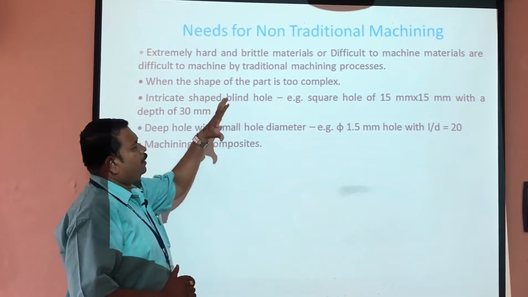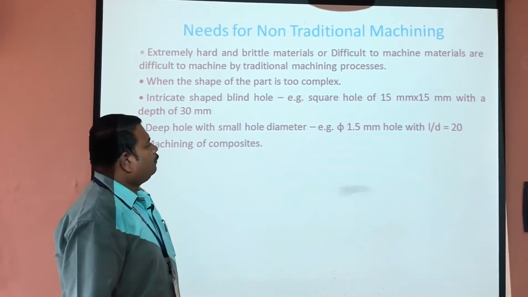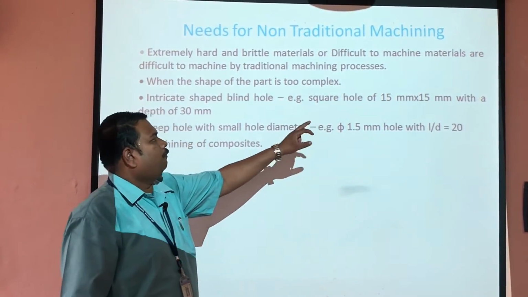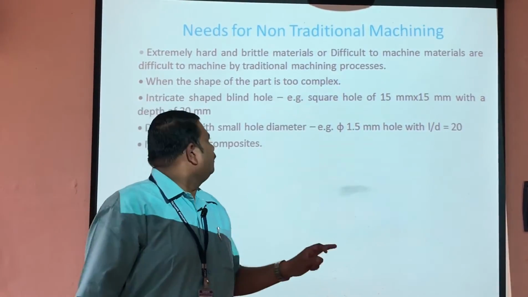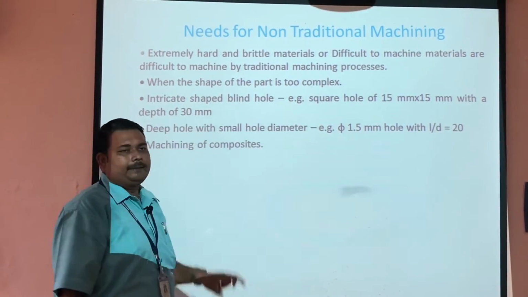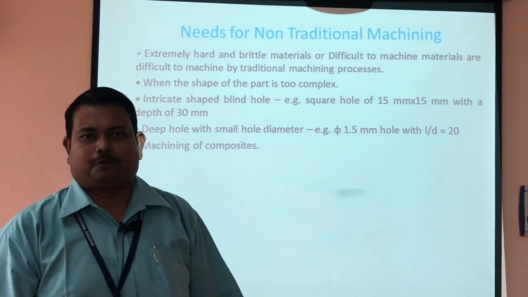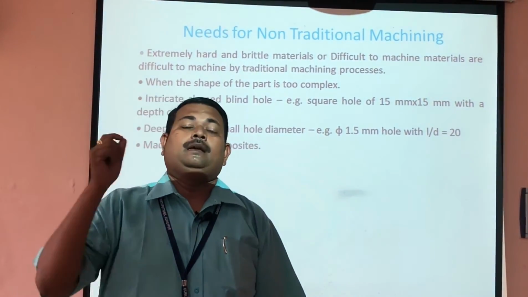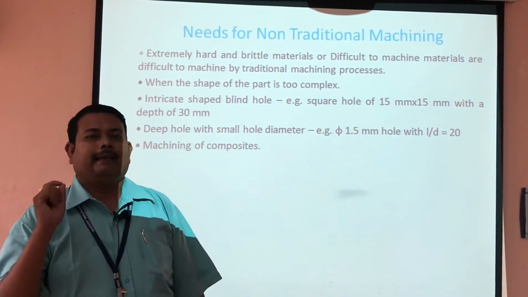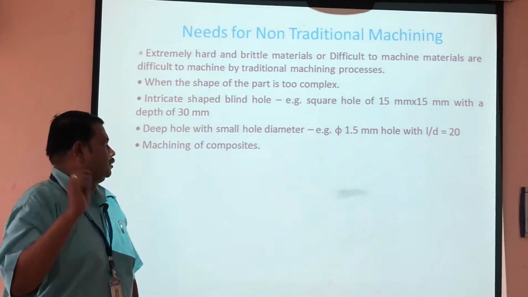There are a few examples. Suppose I want to make a square hole of 15 mm by 15 mm with a depth of 30 mm, which may not be possible with a conventional machining process, but it can easily be machined by using a non-conventional machining process.